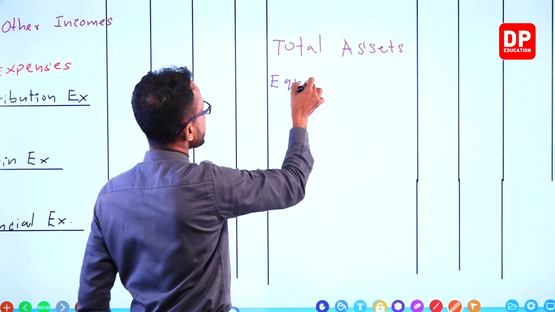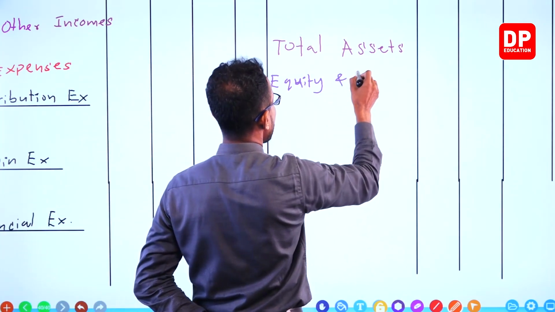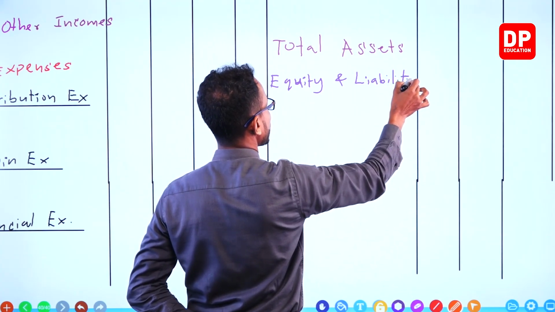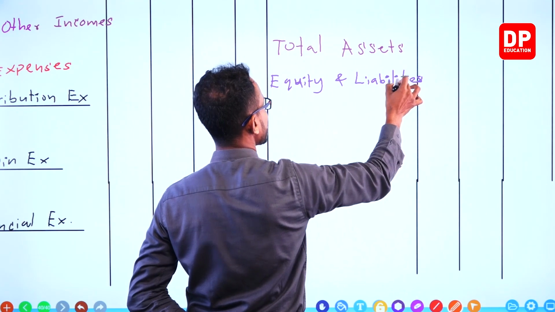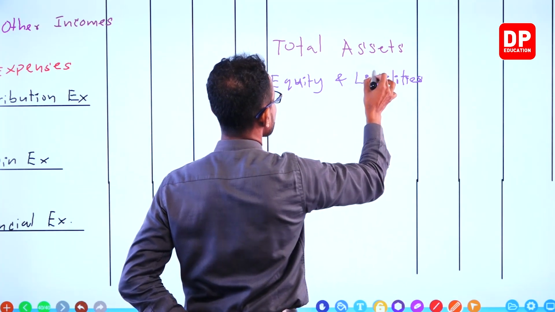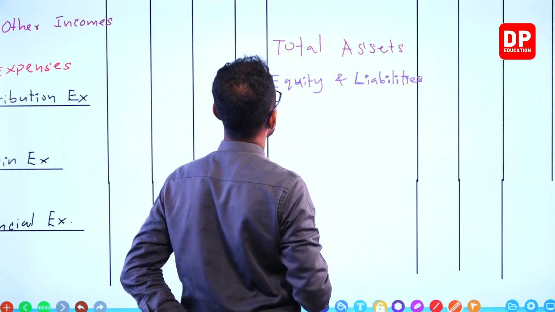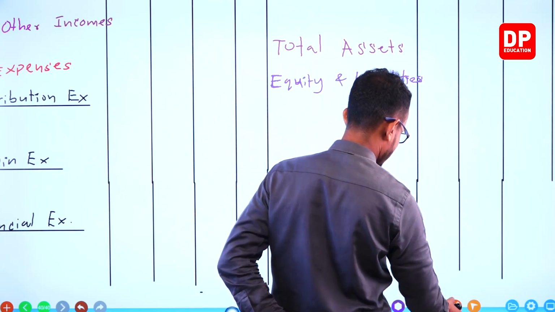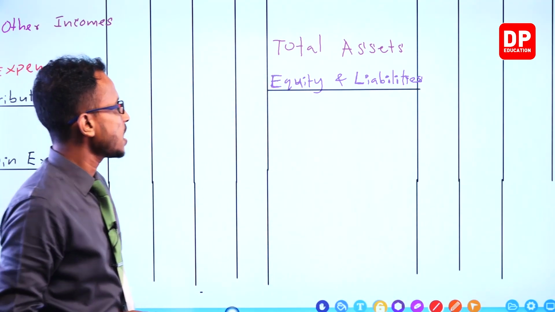This is the part which is below the assets section, that is the equity and liabilities section.